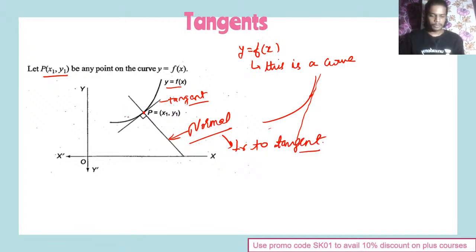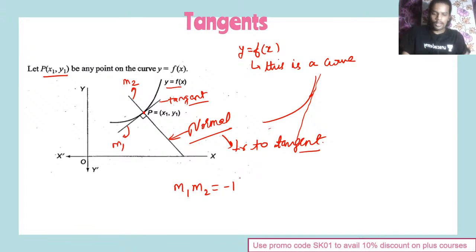I hope you remember from your 10th class that if the slope of the tangent is m1 and the slope of the normal is m2, then for two perpendicular lines, m1 m2 should be equal to minus 1. Their slopes multiplied by each other will give you minus 1.